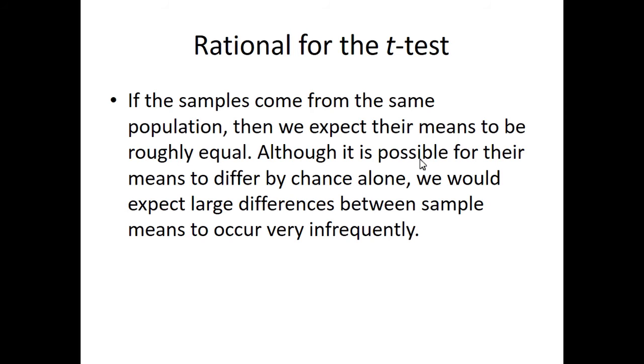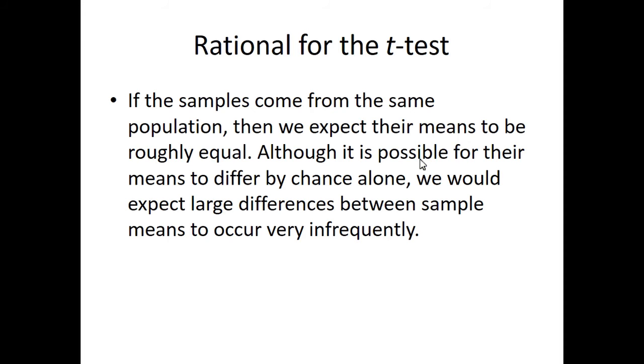So if those two samples came from the same population, we would expect their means to be equal. Equal being roughly the same. So 3.75 and 5 could be the same mathematically. I know they're not literally the same number, but mathematically they're close enough. And so if they're coming from the same population, meaning the null is true, where those two groups are equal, then I would expect the means to be equal.